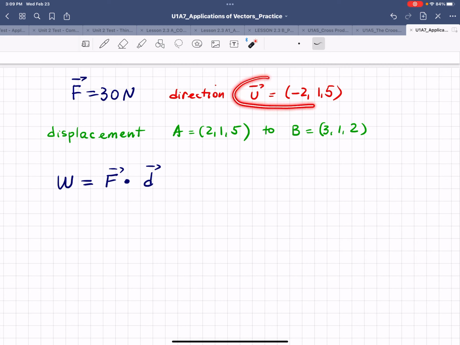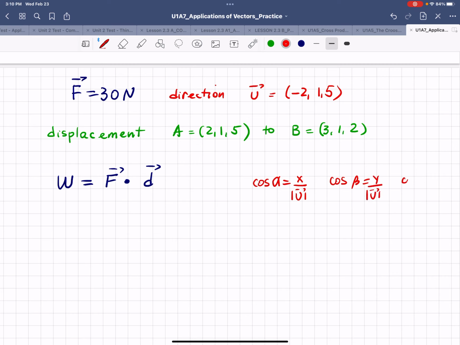It is more convenient to find the direction cosines for vector u because we know all three coordinates. So remember that cos alpha, the angle made with the x-axis, is x over the magnitude of the vector, cos beta is y over the magnitude, and cos gamma is z over the magnitude of the vector.